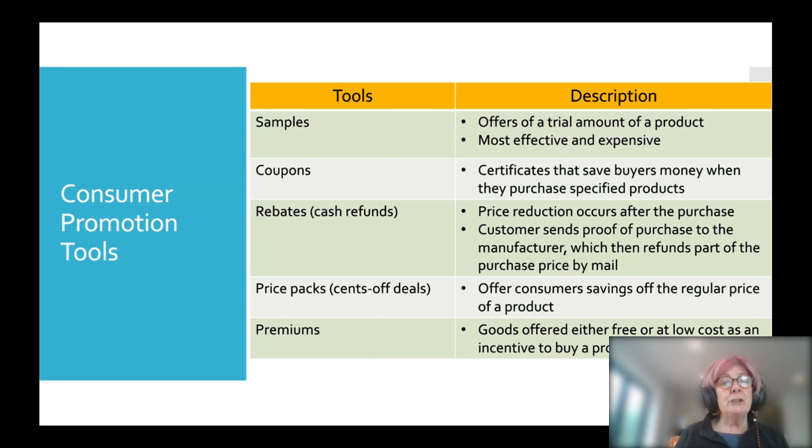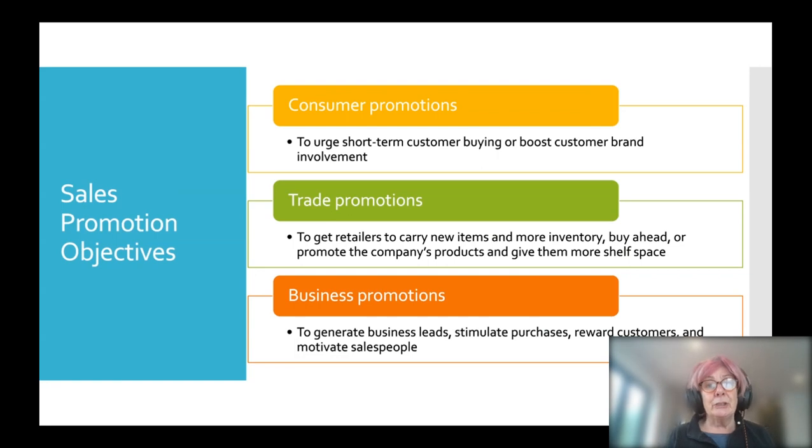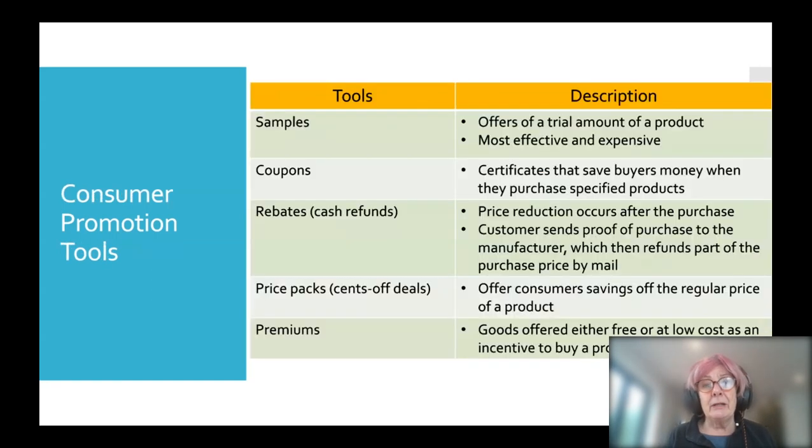Let's start then with consumer promotion tools. If we're using sales promotion in order to urge that short-term customer buying, what are the tools that we can use? Well, there's a whole range of them. Businesses can offer those consumers samples, a trial in other words, give them a free trial and then ask them to buy afterwards.